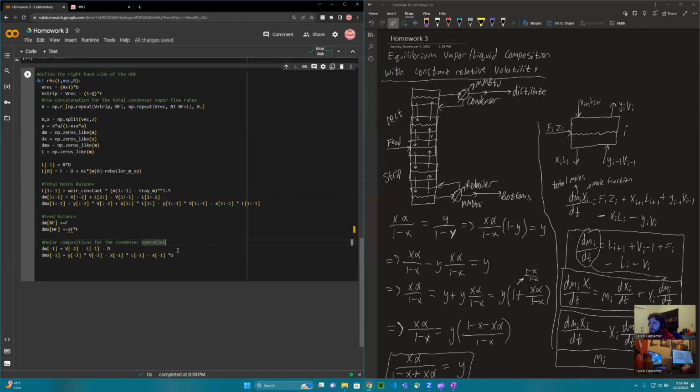Okay, so now that we have our molar compositions for our condenser operation, we can set up our molar compositions for our reboiler operation.